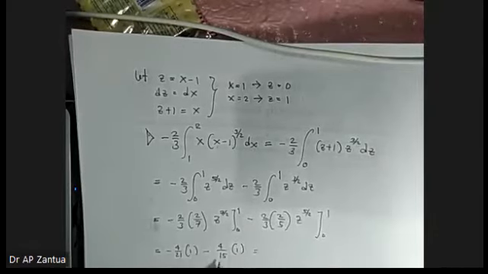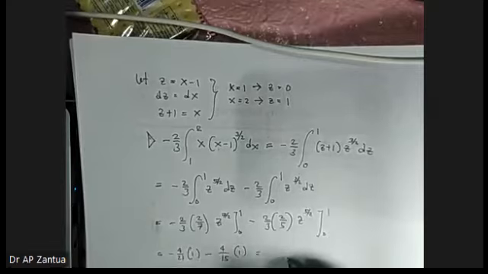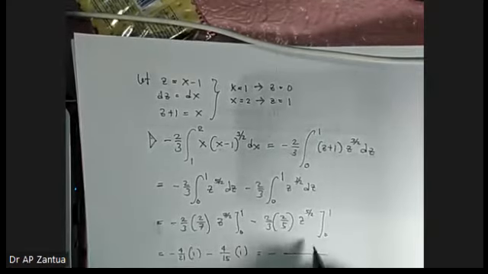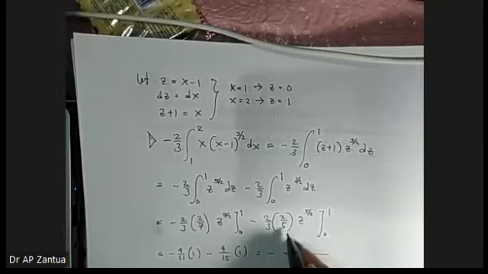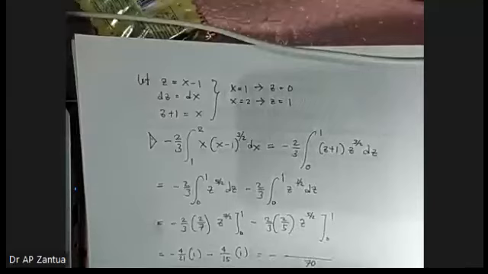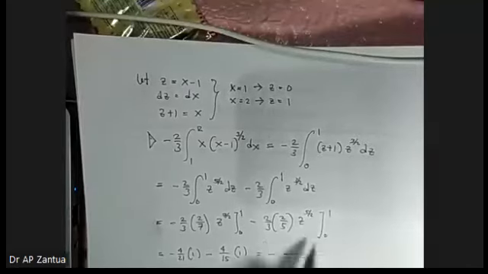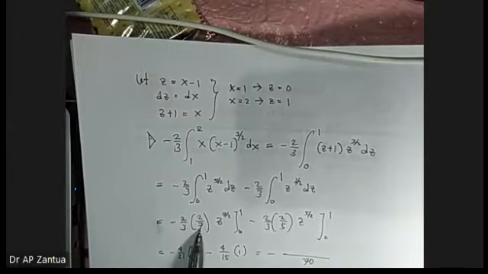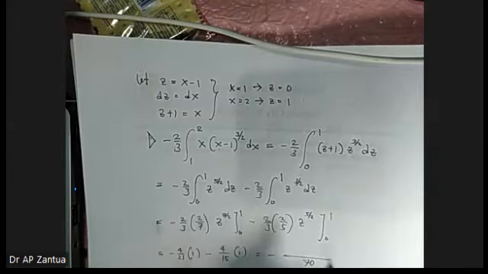Therefore, the answer is negative this. So what is the least common denominator of this? 35, 70. 70 is the least common denominator. 5 times 35, 105 pala.